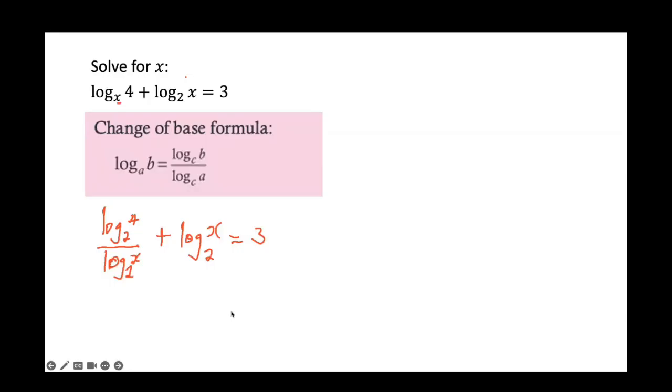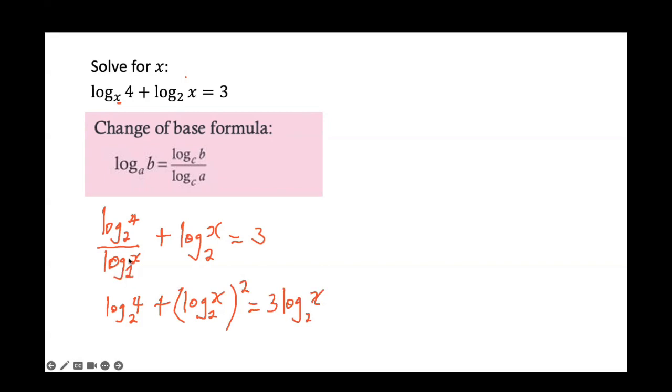So now, in order to solve this equation, we have to do away with this fraction. So to do away with the fraction, we can multiply through by logarithm of x to base 2. And when we do that, we have logarithm of 4 to base 2 plus logarithm of x base 2 squared equal to 3 logarithm of x base 2.